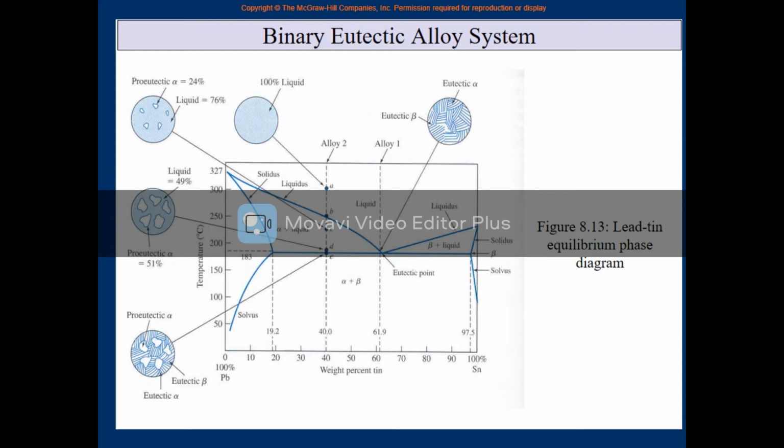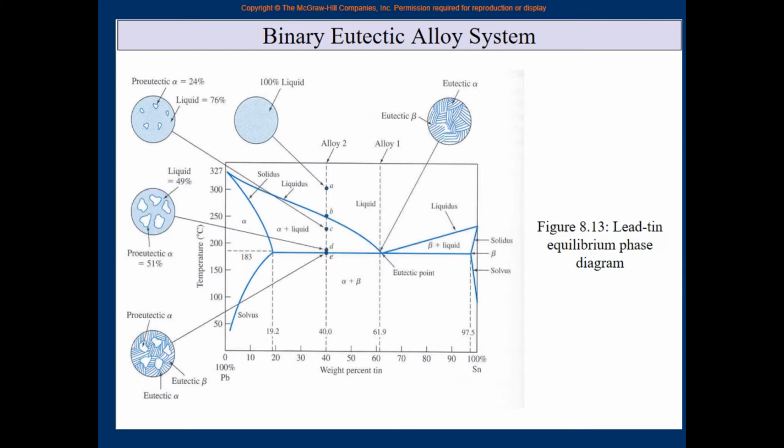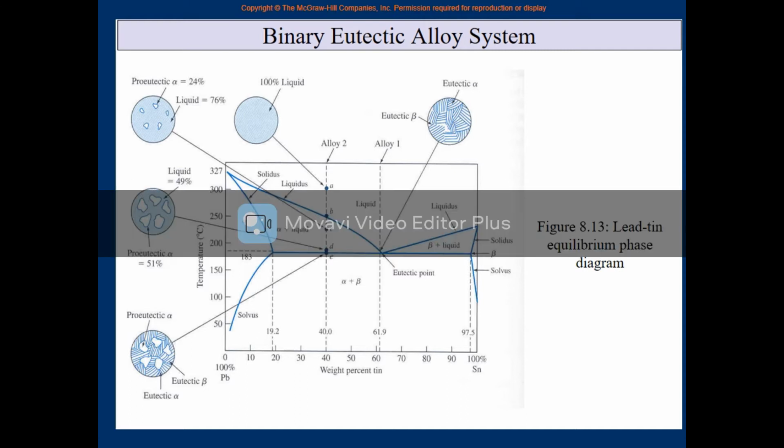Now, what is there in the diagram that we have not talked about? You see all these circles and the shades inside the circles. So this is now the fourth question. Whenever we give you a phase diagram, we initially give you a composition and a temperature.